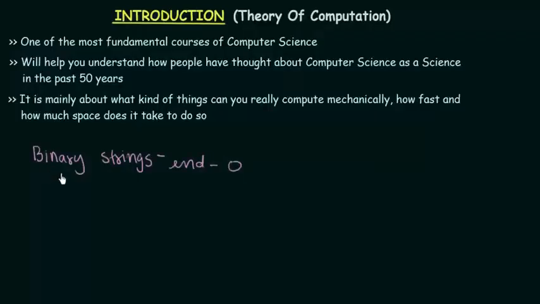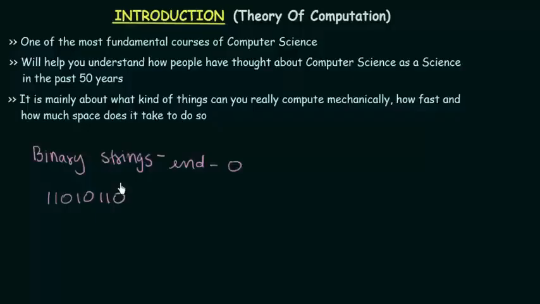So my machine that I design should accept all binary strings that end in 0 and should reject all other strings that does not end in 0. Okay, so let me take an example string here. Let's say 110101110. So this is my example string that I have here.